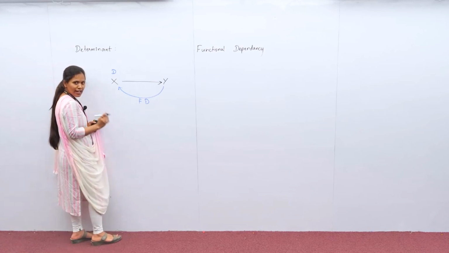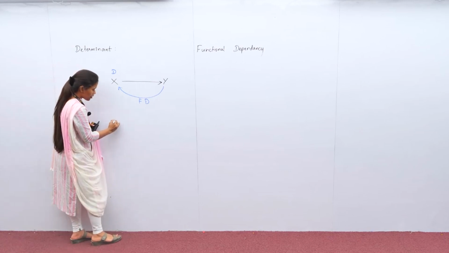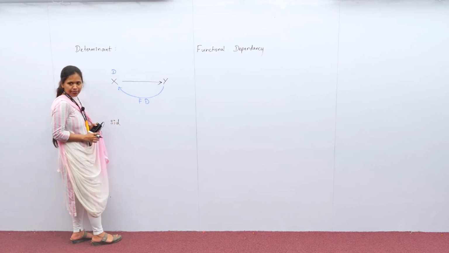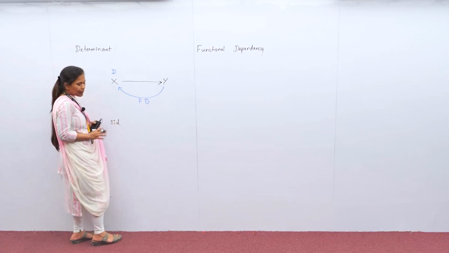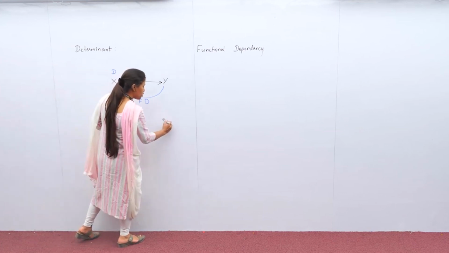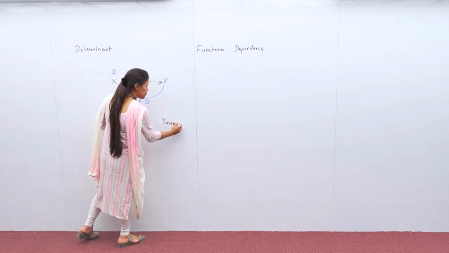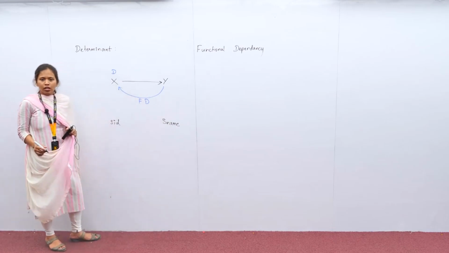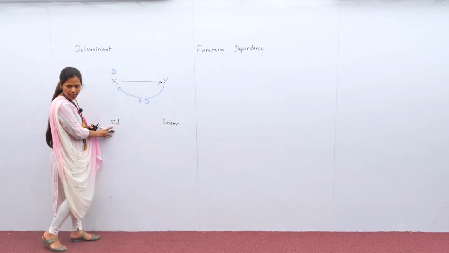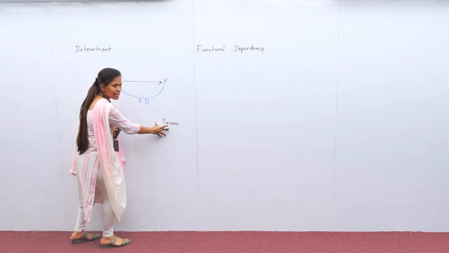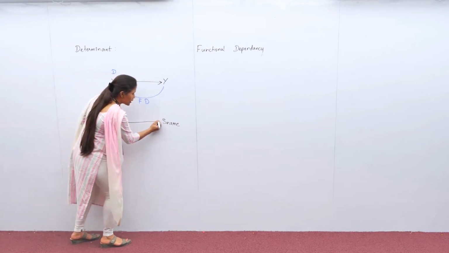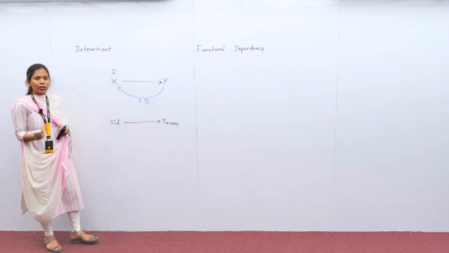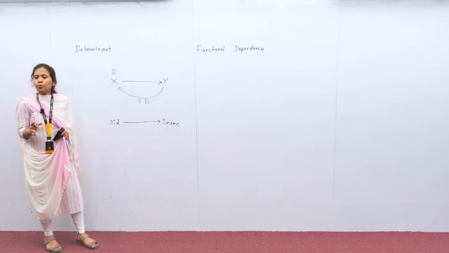Let me tell you. I have one attribute, student ID. I have another attribute, student name. Now I will say the student ID will determine student name. Ma'am, what do you mean by that?